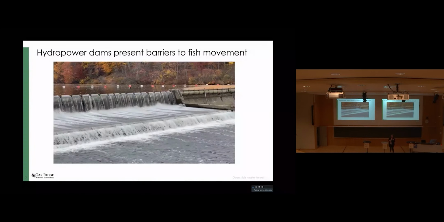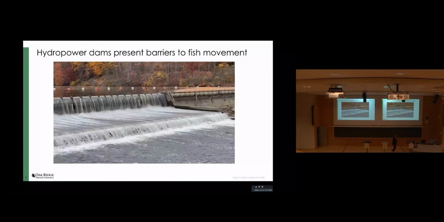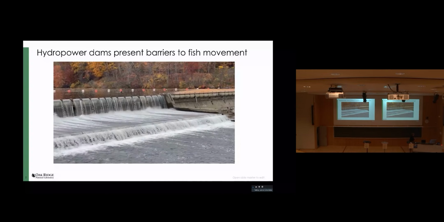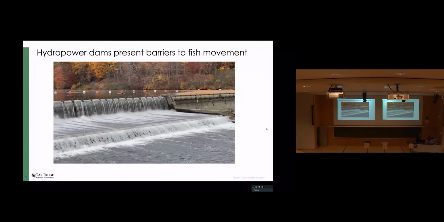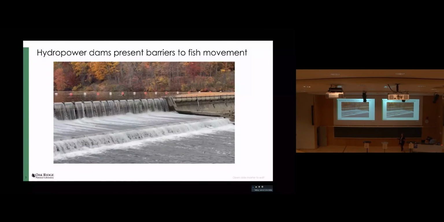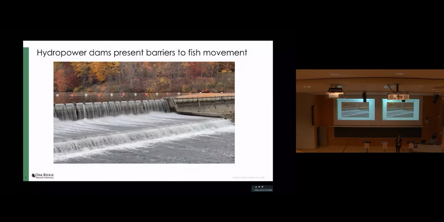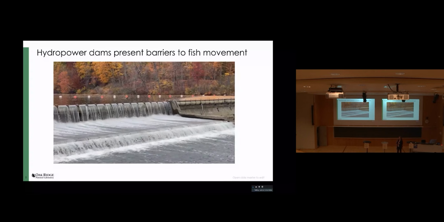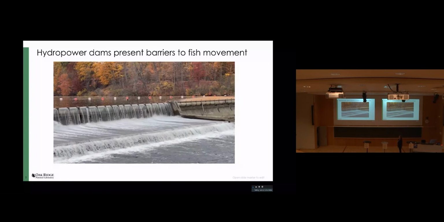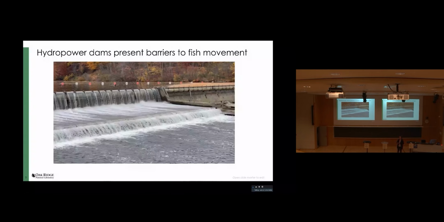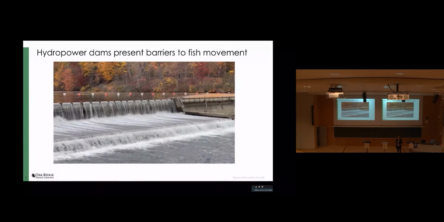As we're all keenly aware, you put a dam in a river and it creates a barrier to fish movement. This is a problem for migratory species that need to move from downstream habitats to upstream habitats to complete their life cycles.